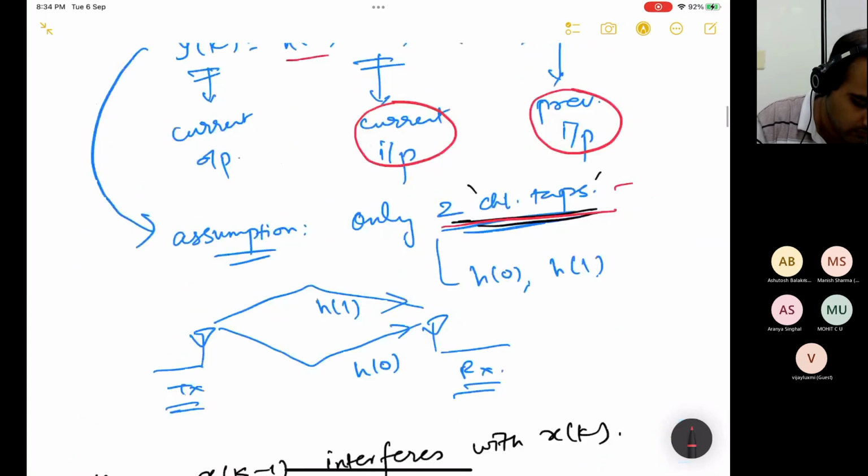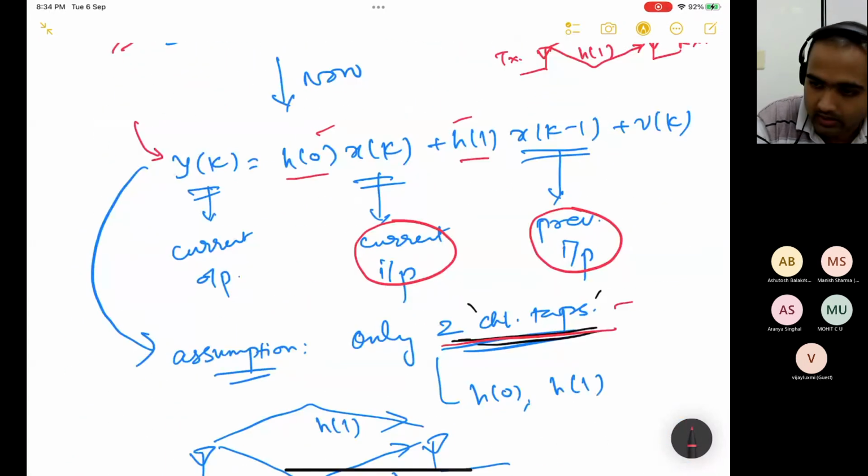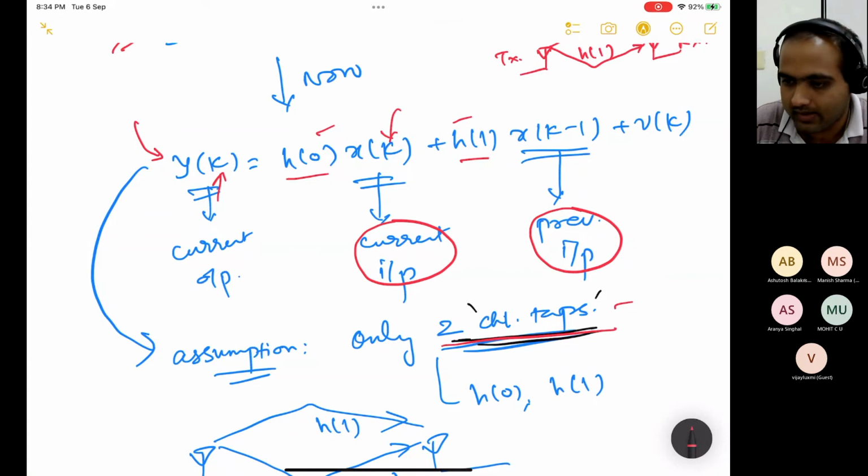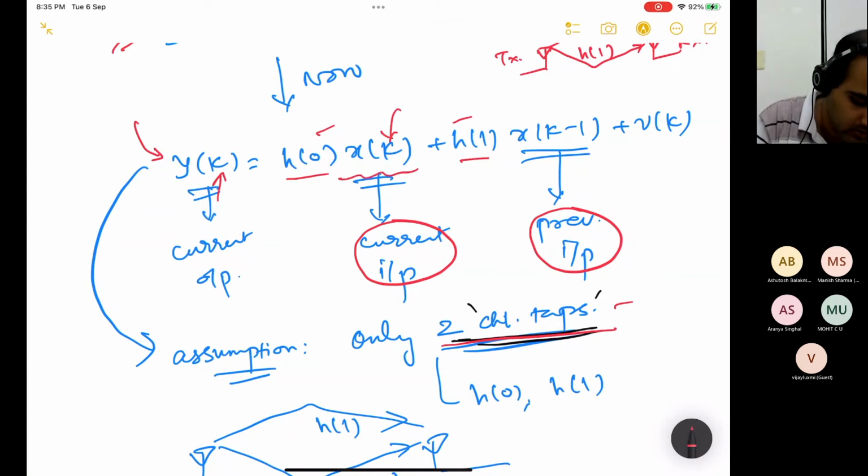So what do we want? We are looking at time k, so I should have obtained xk. We need xk. And xk minus 1, which had to come in the previous time instant, is now coming at the current time instant and thus interfering with the current symbol.